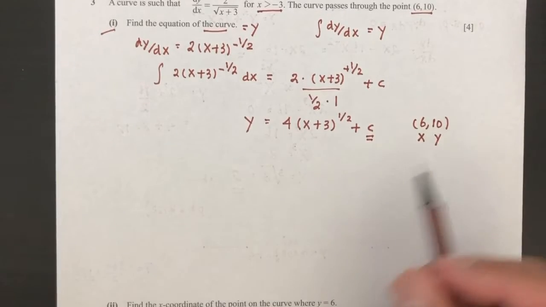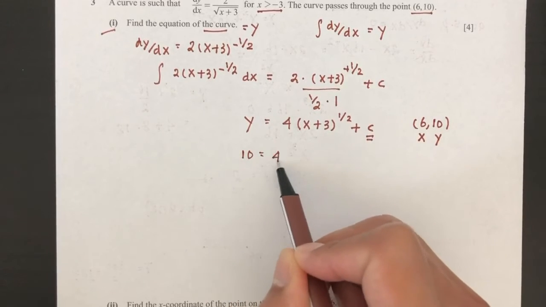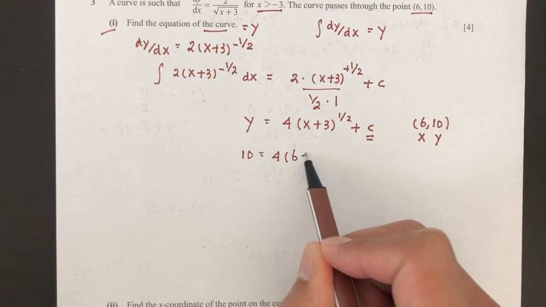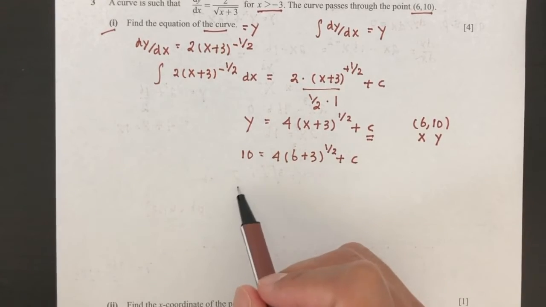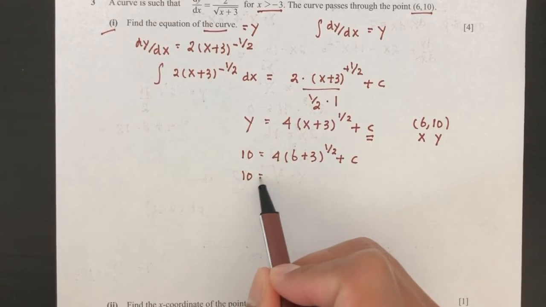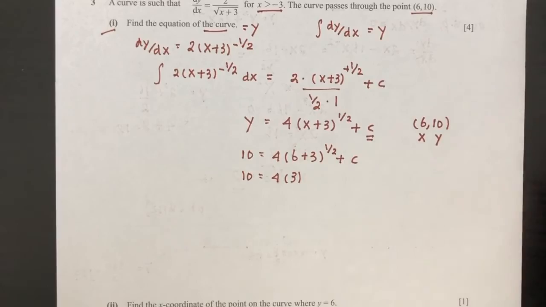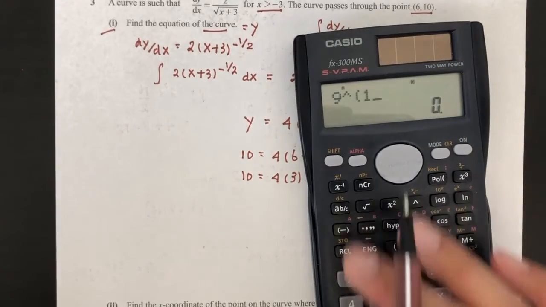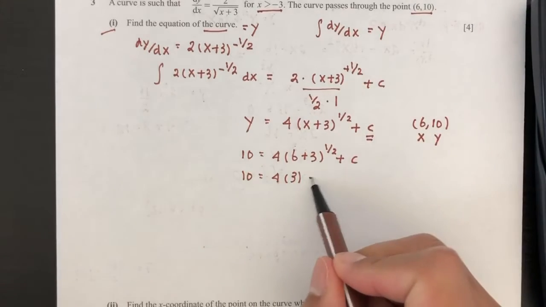Replace back in the equation, you will have 10 is equal to 4 times 6 plus 3, power half, plus c. Now let's simplify. You will have 10, 4 times 9 power half is 3. We can check if you want to. 9 power half, you just square root 9, that will be 3, plus c.